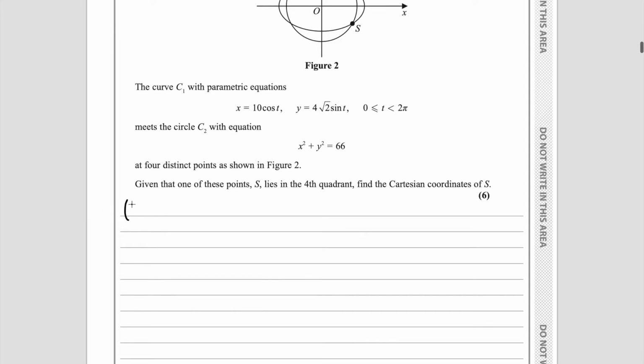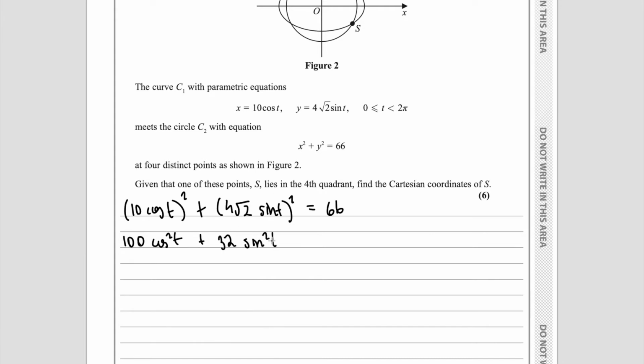So we have 10 cos t squared plus 4 root 2 sine t squared, and that's going to equal 66. To square this, we square 10, so that makes 100 cos squared t, plus 4 root 2 squared, that makes 32 sine squared t, and that's going to equal 66.